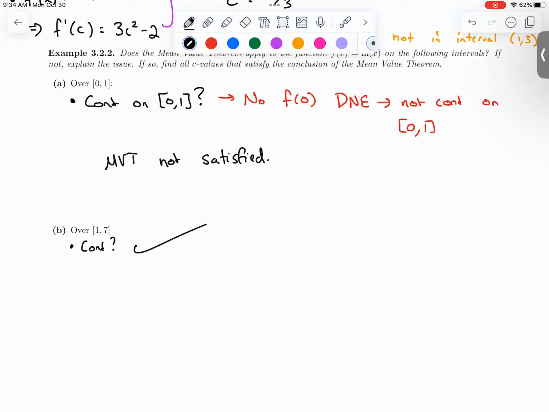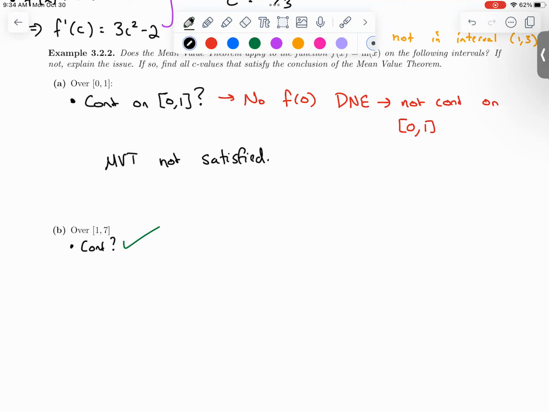Continuous? Yes, it is. Remember, functions that we know and love, there's a theorem we learned in section 1.5, is that functions are continuous on their domains. The natural log's domain is parentheses 0 to infinity. So if it's continuous on that whole interval, it's of course continuous on that closed interval right there.